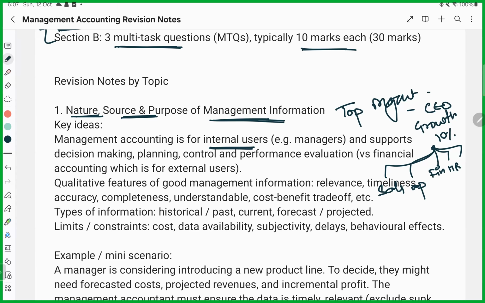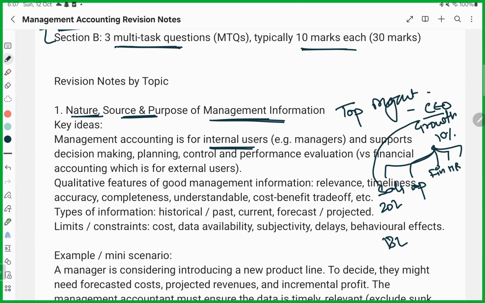The major growth will come from the sales I make. So the CEO will say to the sales department, suppose, you have to achieve sales of 20 lakh rupees, which was 18 lakhs in the previous year.